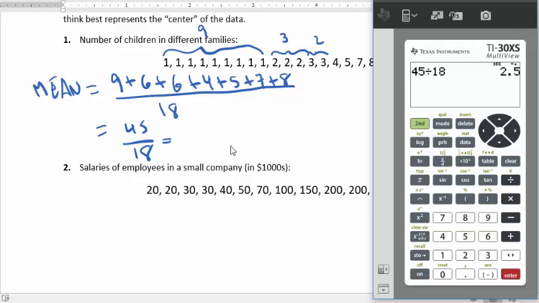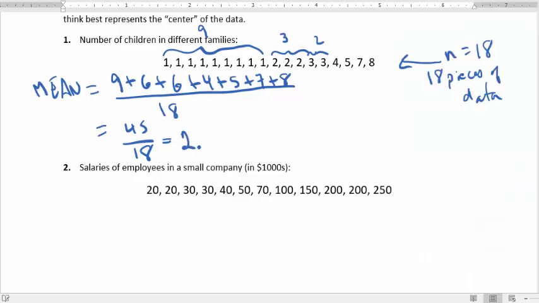And generally, the unwritten rule, or it might be written, I don't know, is that if the data is to the nearest 1, you can round your mean to the nearest tenth. You can go one decimal place more. So if my data is in tenths, I can round to the hundredths for my mean. If the data is in the thousandths, I can round to the 10,000ths with my mean, and so forth. Here it was to the nearest 1, they were all whole numbers, so I could round to the tenth. So that was my mean.